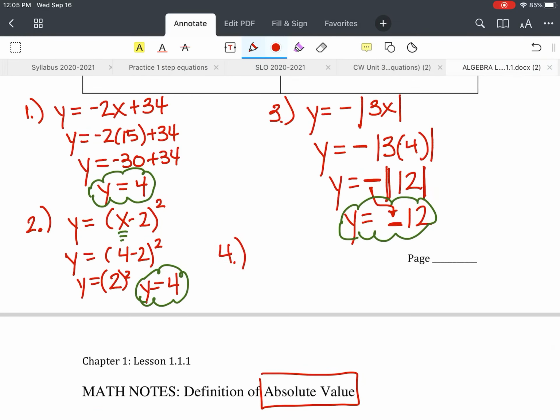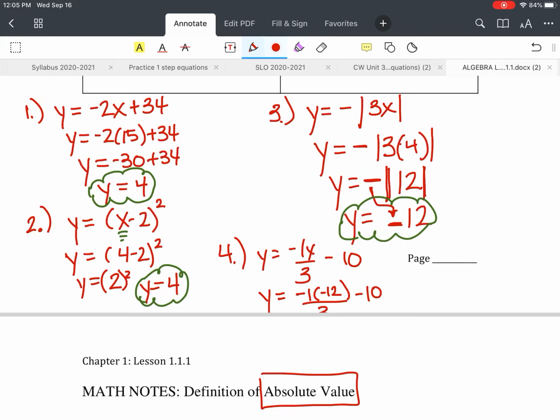Number 4 looks like this: y equals negative 1x over 3 minus 10. So that means we are putting in a negative 12. So right here, we're going to rewrite it. y equals negative 1 times negative 12 over 3 minus 10.